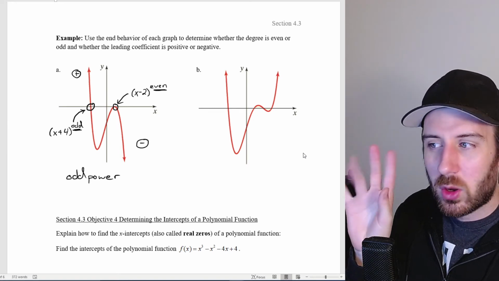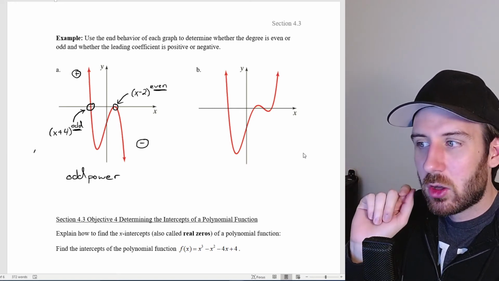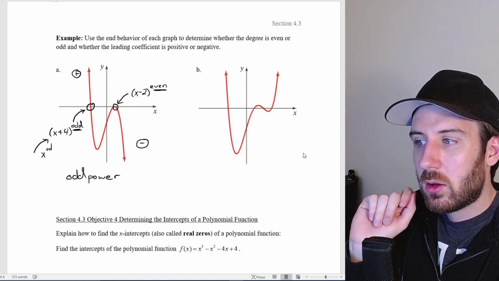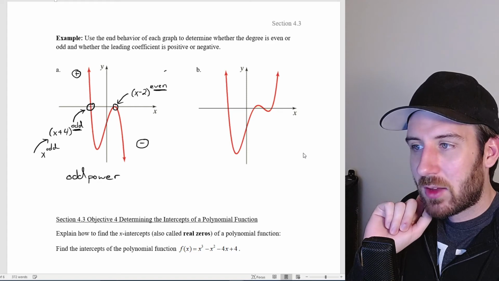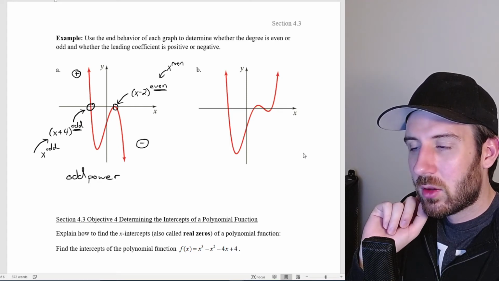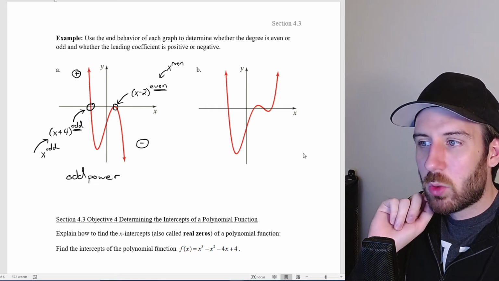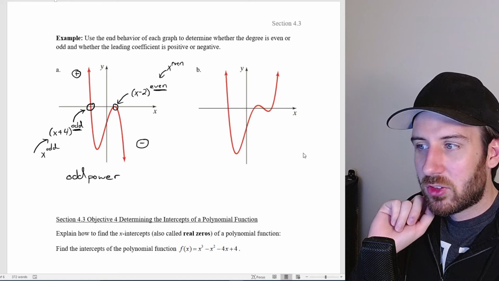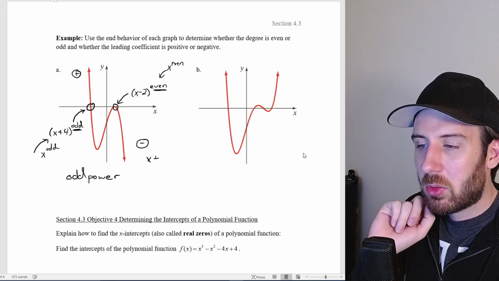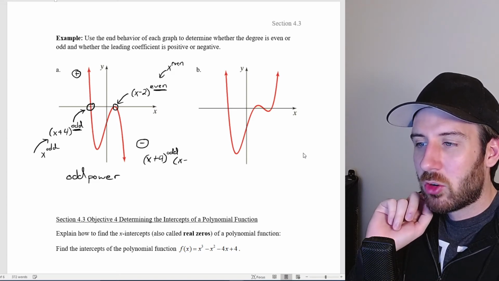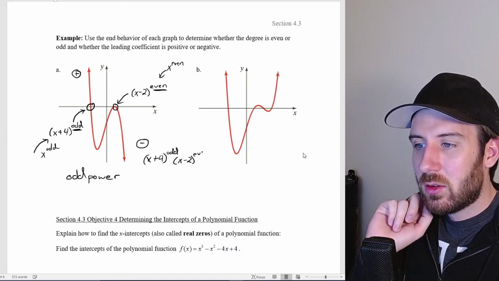After we do lots of foiling, we're going to have a leading degree over here that is x to an odd, and over here a leading degree that is x to the even. That helps us see that what we're playing around with is something like x plus 4 to the odd times x minus 2 to the even.